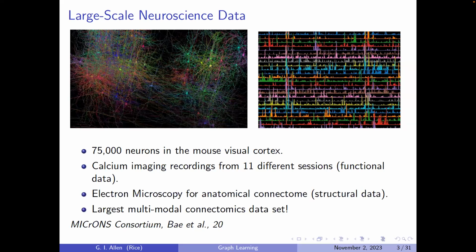We get all these functional recordings, and this is a visualization of the type of data you would get. Basically, for each neuron, we get activity traces of all of this data. So this is a massive amount of data. It's for 75,000 neurons in the mouse visual cortex.